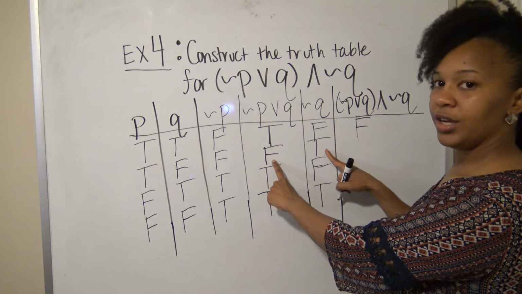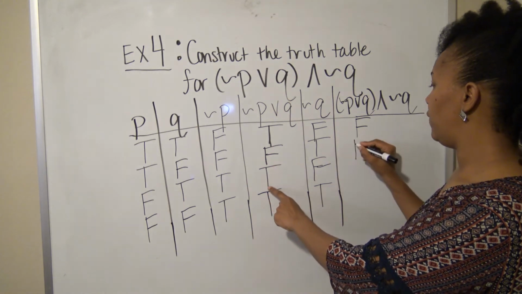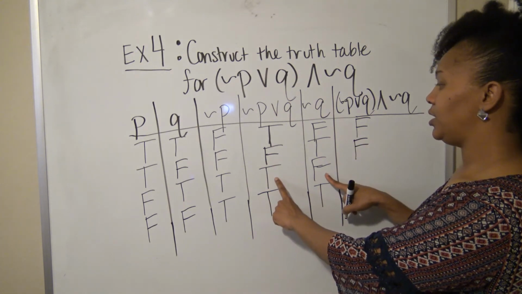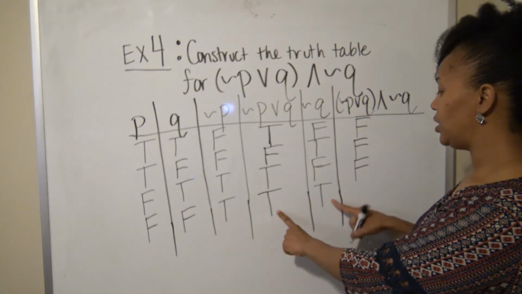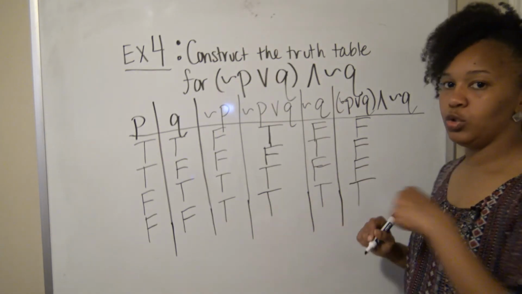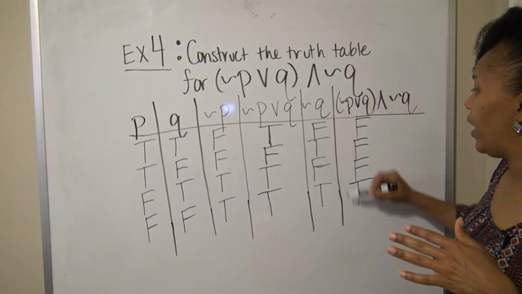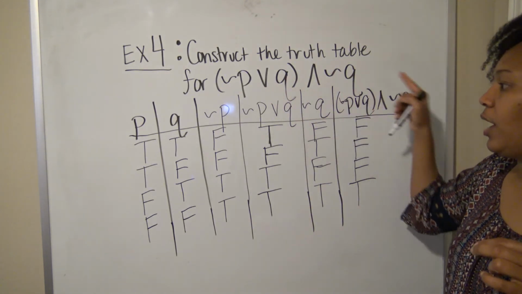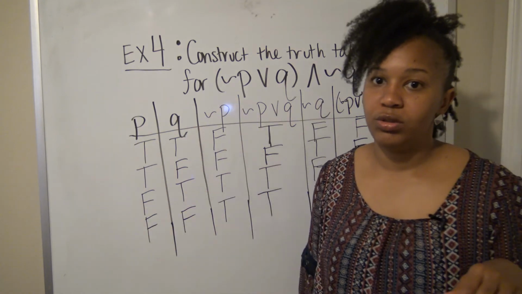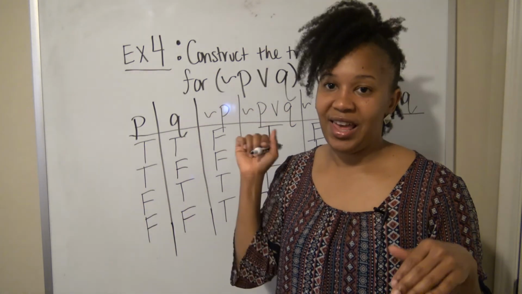In this case, they're not both true, so that would also be false. In this case, they're not both true, so that would also be false. And in this case, they're both true, so that one would be true. So this will be the final values for the not P or Q and the not Q, but this whole thing is the truth table that you need to get to that, okay?